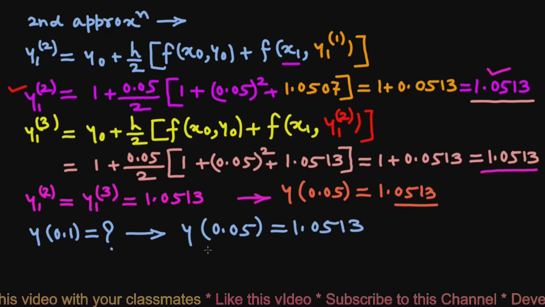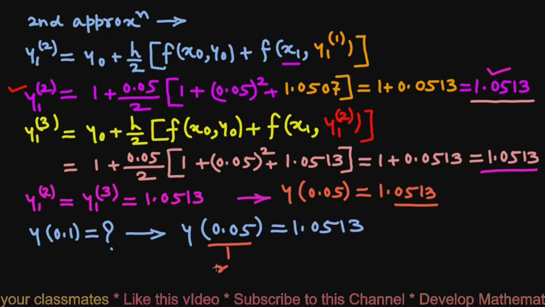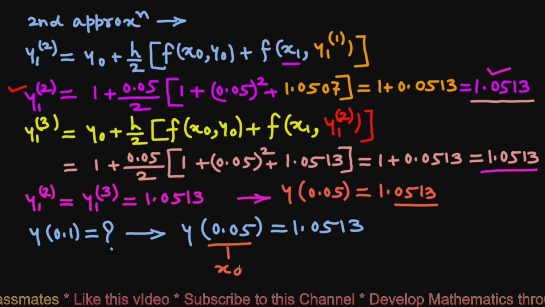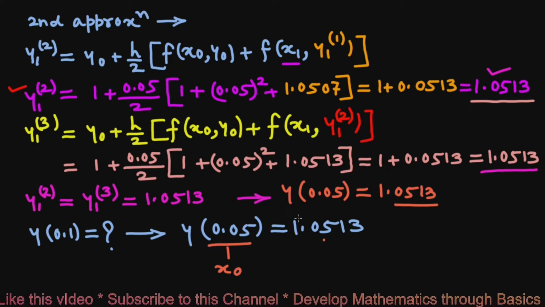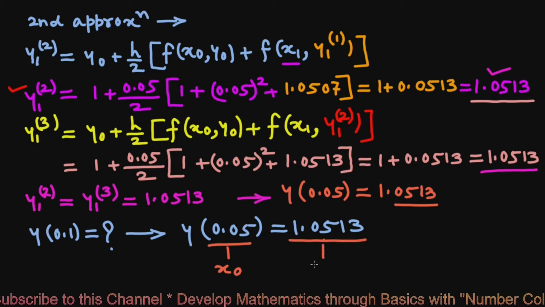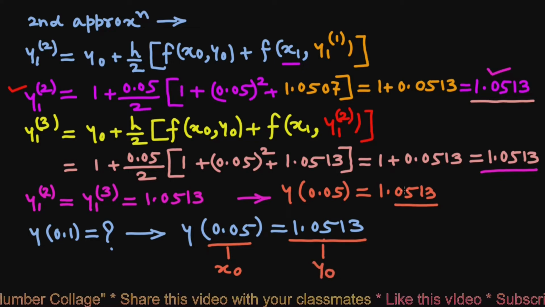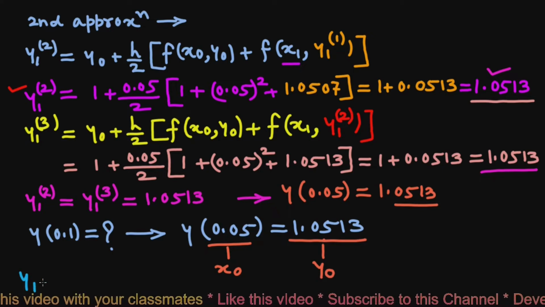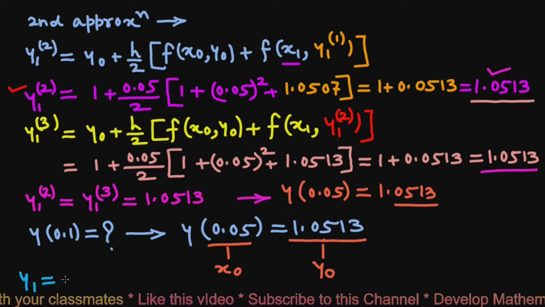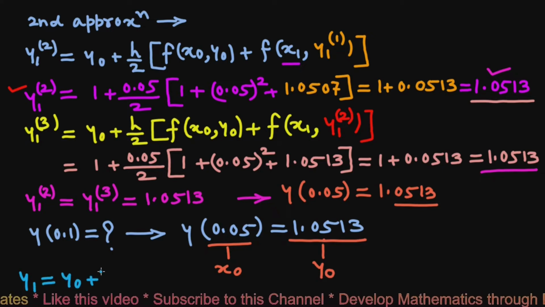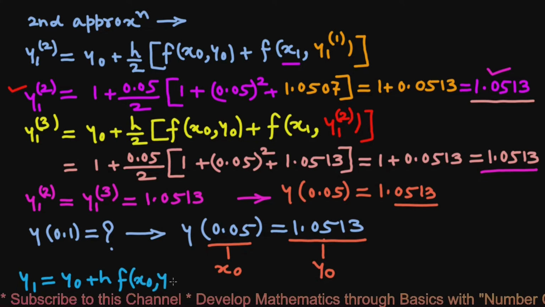1.0513. Now we will use this value as the initial x value, which is x0, and this value as the initial y value, y0. And we will first find out y1 from Euler's method, which is y0 plus h f of x0 comma y0.